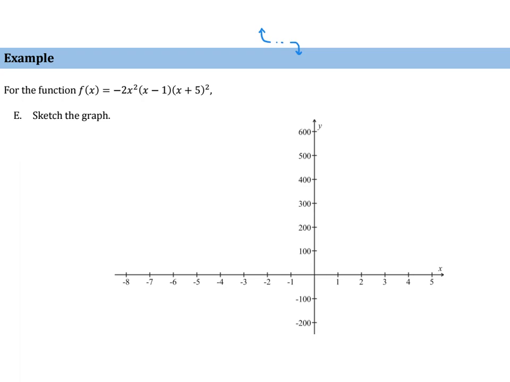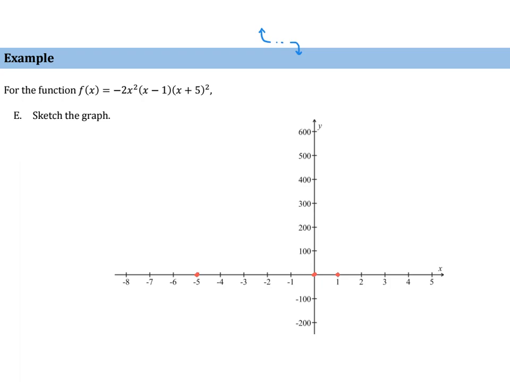So we had (0, 0), we had (1, 0), we had (-5, 0), and that's our x-intercepts and our y-intercept.